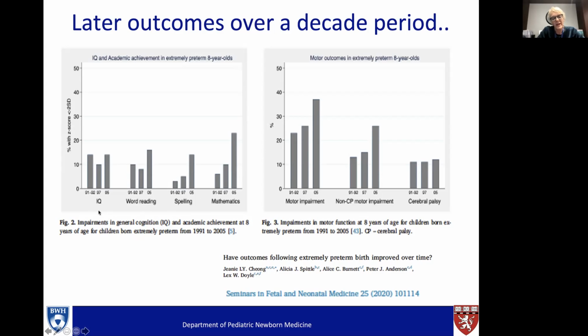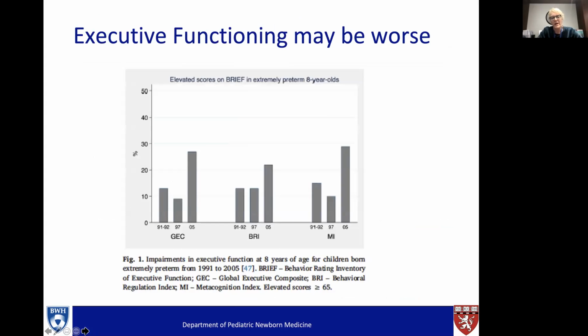And importantly, these haven't improved over time. So even though we've been doing all the things we have been trying to improve neurodevelopmental outcomes, if anything, we've seen a slight increase in difficulties with math and motor impairment. And in the same regard with executive functioning in particular, we've seen elevation in the number of children who seem to be exhibiting difficulties in executive functioning.